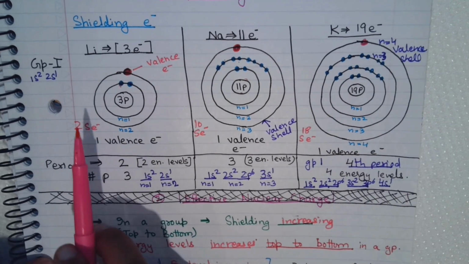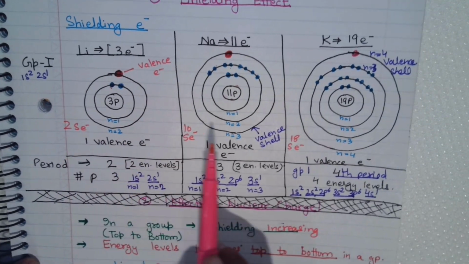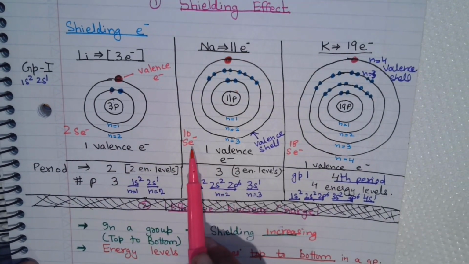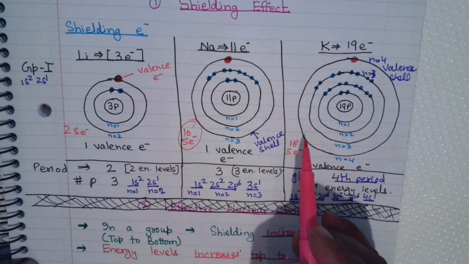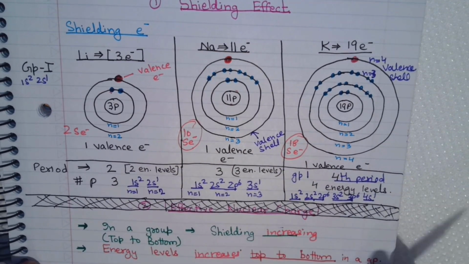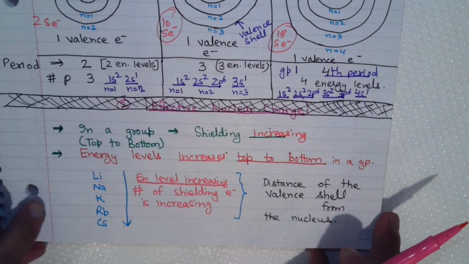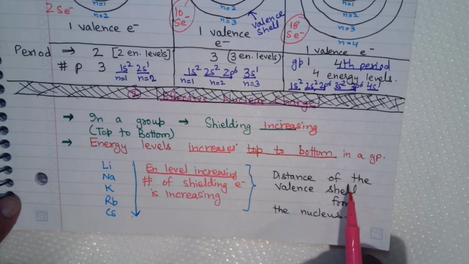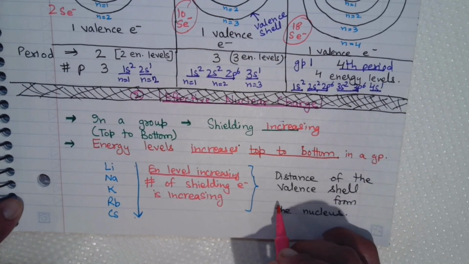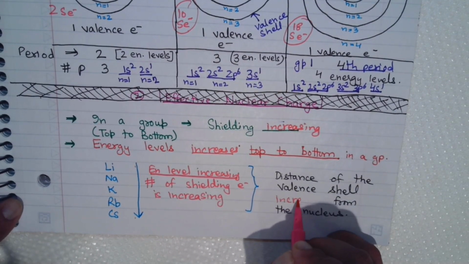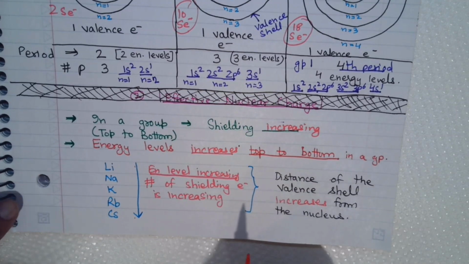You can see that lithium has 2 shielding electrons, sodium has 10 shielding electrons and potassium has 18 shielding electrons, right? So now as we are going down, the distance of the valence shell increases from the nucleus.